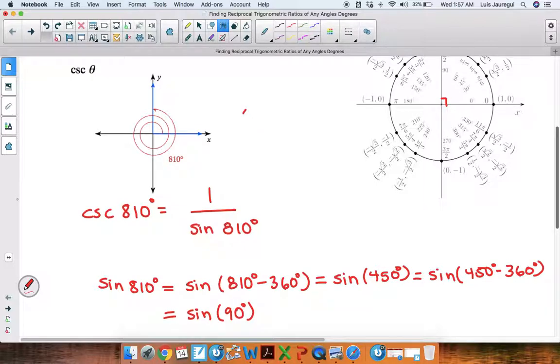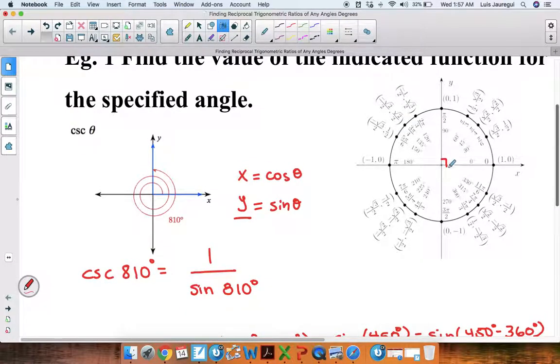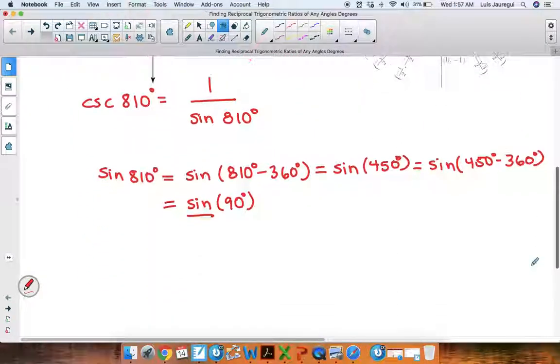Let's recall then that x is equal to cosine of theta on the unit circle, and also that y is equal to sine of theta on the unit circle. Since we're looking for sine, we're going to get the y value for that particular angle. So in this case, for the 90-degree angle, we have that our y value happens to be 1. Therefore, this implies that sine of 90 degrees is equal to 1.